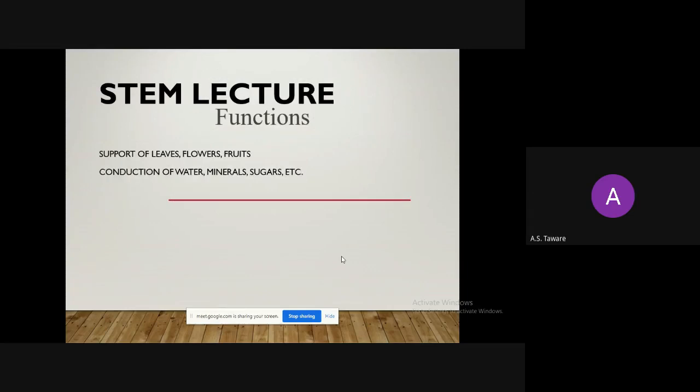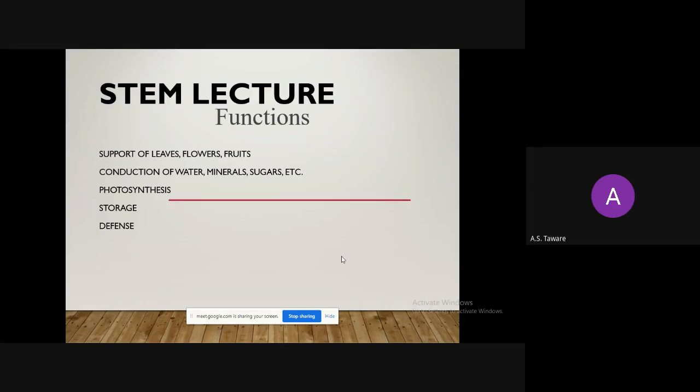It supports the leaves, flowers and fruits, conduction of water, minerals, and sugars, and photosynthesis. Stem is doing photosynthesis also in some plants. Further function of stem is storage. And another important function is defense. We have many examples where stem is doing a function of defense.